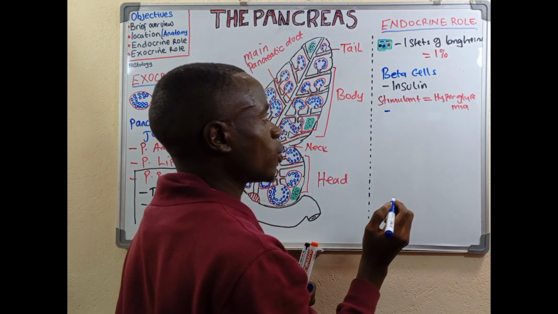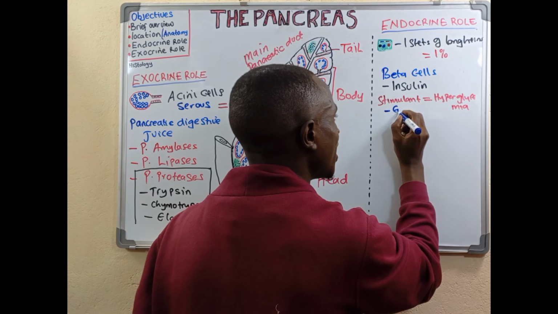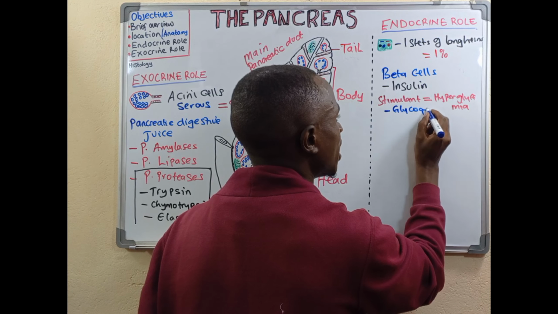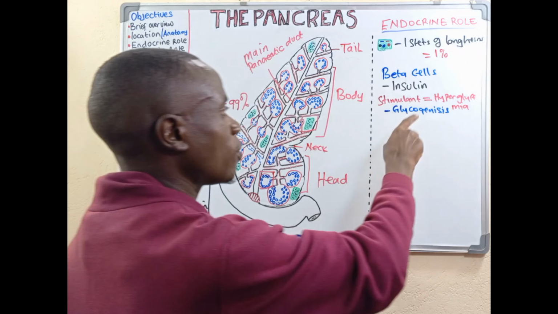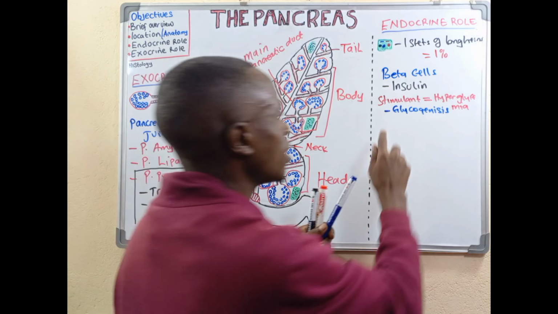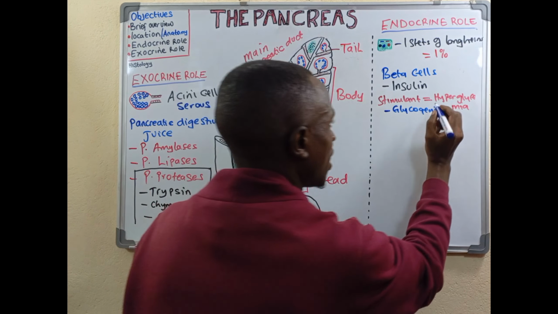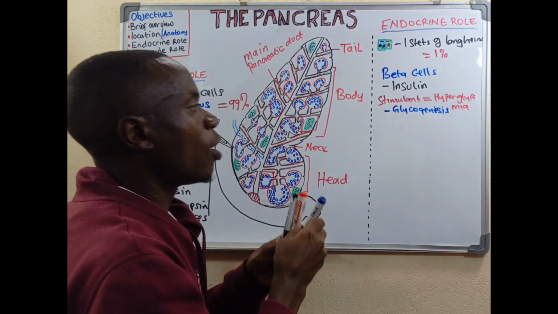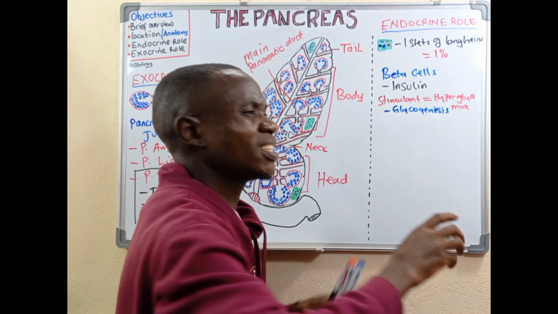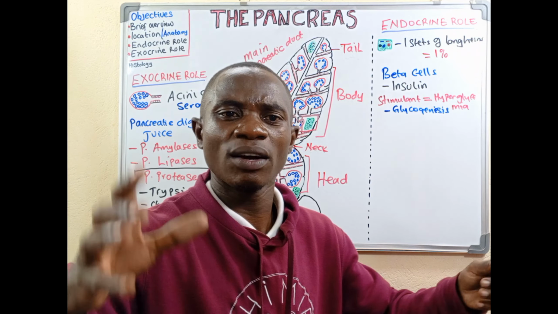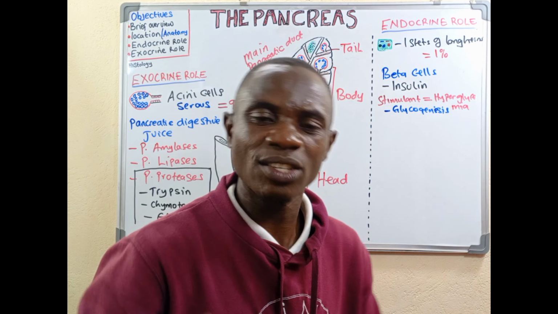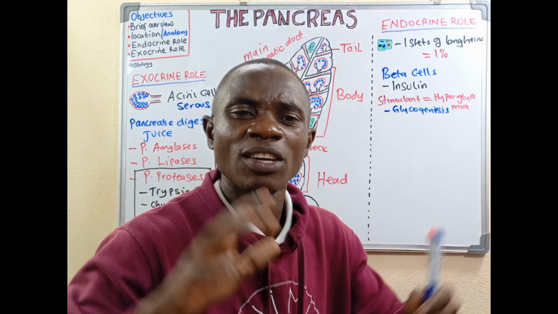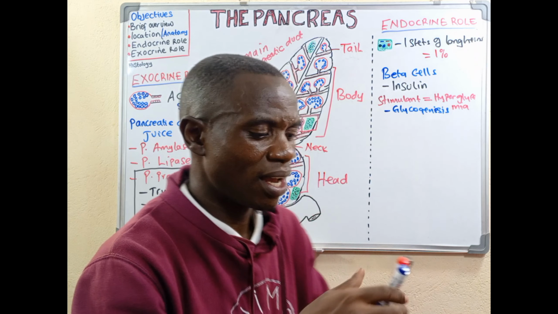The most important one is glycogenesis, and the whole essence of glycogenesis is aiming at converting glucose molecules into a polymer which we call glycogen, and in that way we regulate glucose by reducing it.